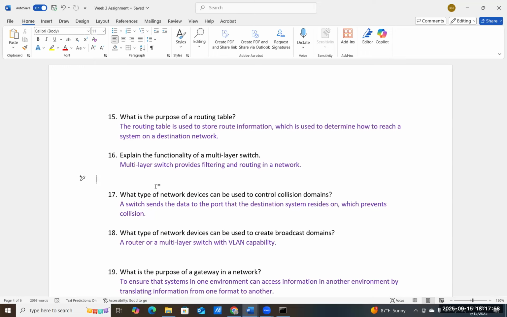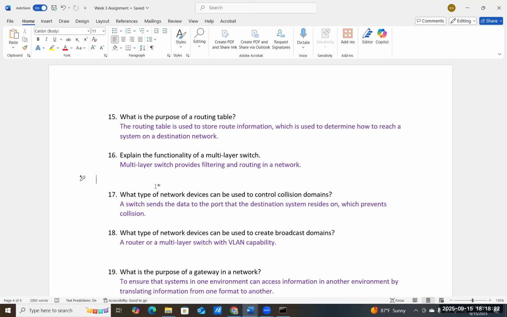So what kind of devices can you use to control collision in the domain? I think we briefly talked about collision. In a network, you are going to have collisions regardless. So we want to be able to manage this so that we don't have congestion or slowdown in the network.